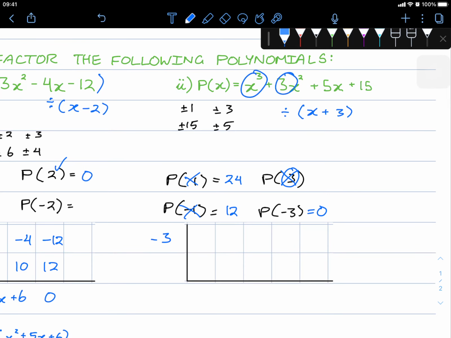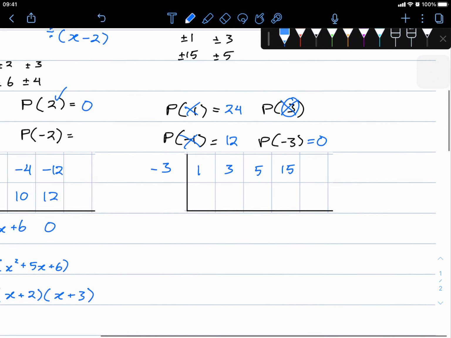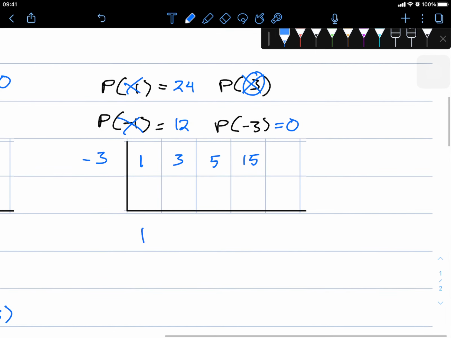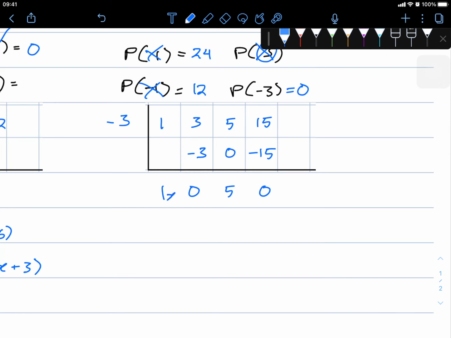Taking the coefficients, we get 1, 3, 5, 15. Ignoring the first, multiplying, adding, multiplying, adding, multiplying, and then adding. As always, we just take decreasing powers.